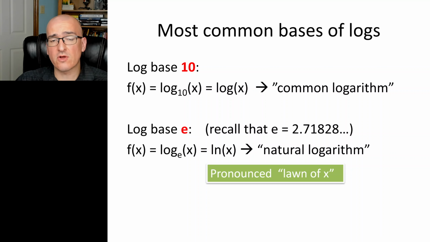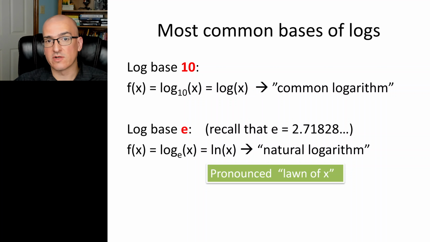I'm going to continue to call it lawn. I'm not going to call it log base e. It just comes up so often, and it's so ingrained in my own mind that I cannot escape calling it lawn. So you're going to have to start calling it lawn too.